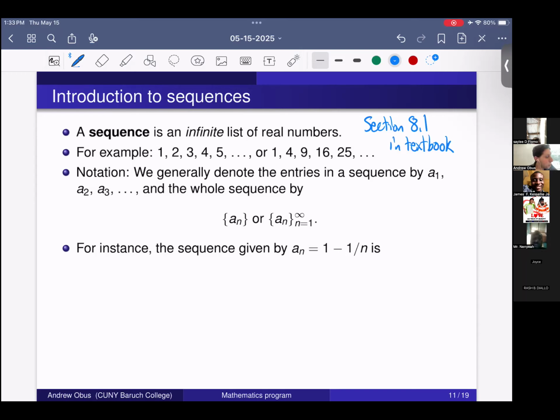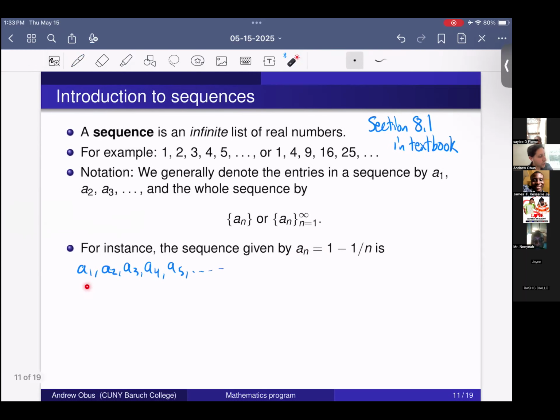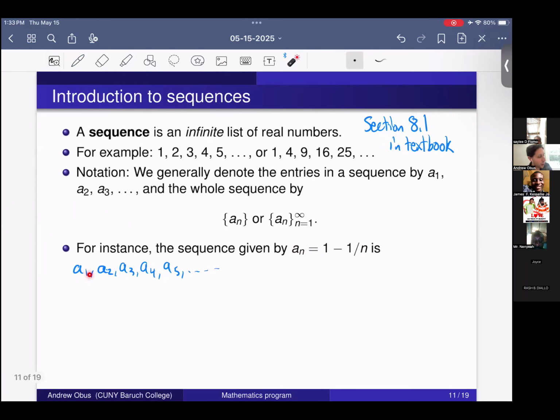So for instance, you can have a formula for the sequence. Think of the sequence given by a_n equals 1 minus 1 over n. What sequence is this? Well, if we write it out, a1, a2, a3, a4, a5, and so on, we calculate each entry in the sequence by plugging in the correct value of n.